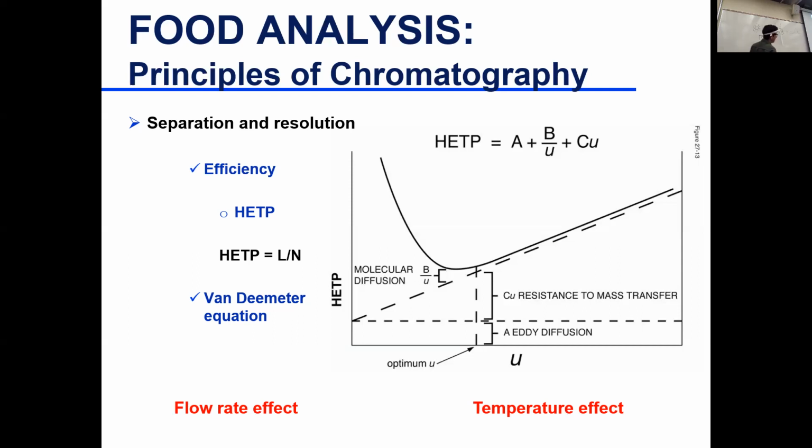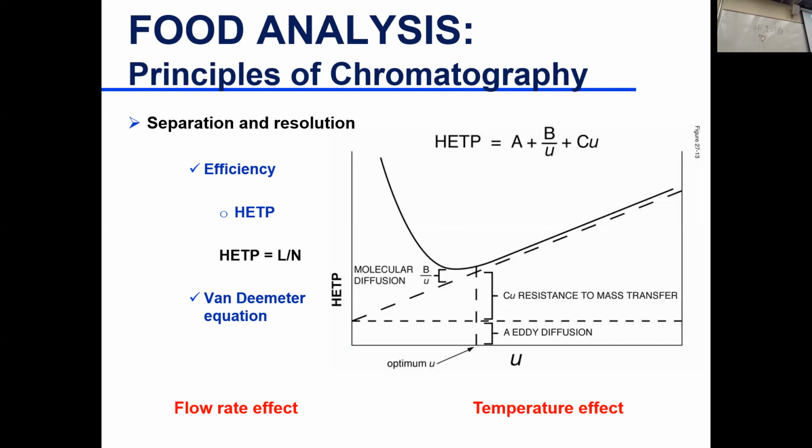So this is impacted by the flow rate. If the flow rate is too small, you're going to get more longitudinal diffusion, so you get a wider band. If the flow rate is high, this factor doesn't really contribute much. So that's where the flow rate plays the role.